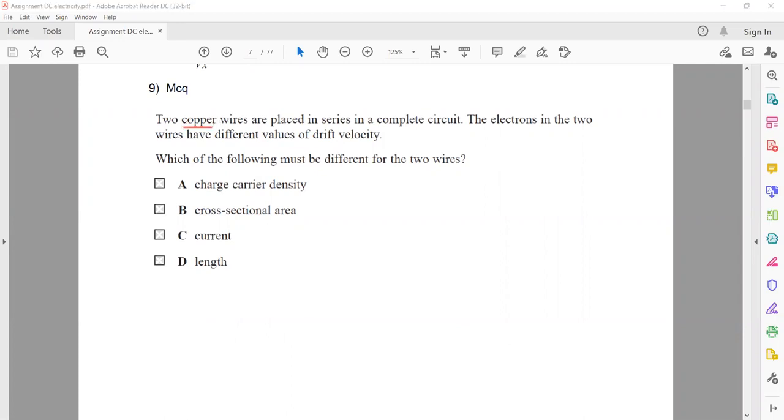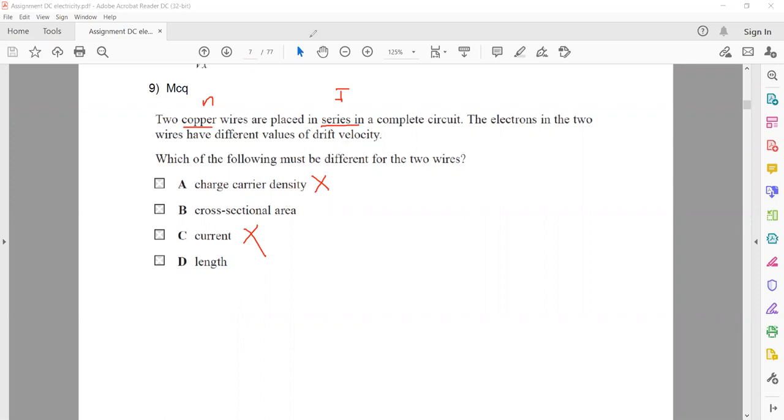When they mention two copper wires, it means they should have the same charge carrier because the material is the same, so the value of n will be the same. If they are connected in series, the current is the same, so it cannot be current.